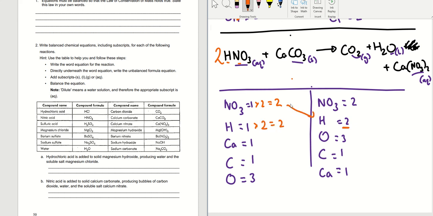That matches that. Tick and tick. Oh, whoops, this one, sorry. And that one balances out now. Tick and tick. I have 3 oxygen. Cool. I have 1 carbon. Cool. And I have 1 calcium. Cool. So that's done. Balanced.